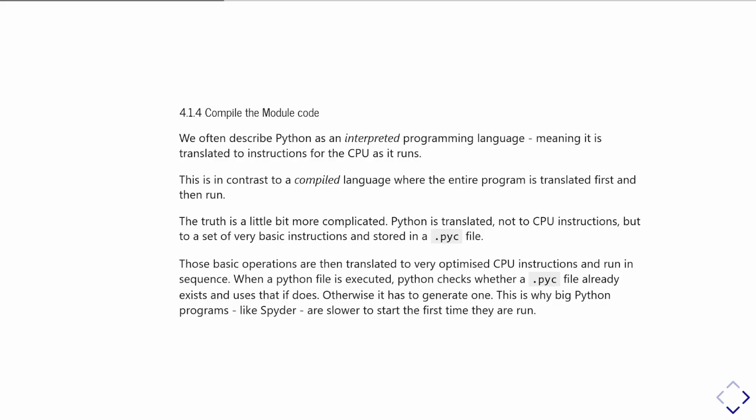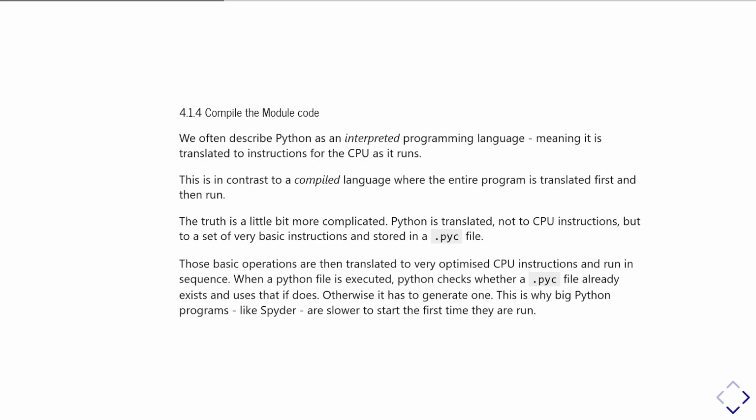Okay, so if Python has located the module file, it's found it in one of the folders. Then the next step is it has to compile the code. Now this gets maybe a little confusing because we often describe Python as what's called an interpreted programming language, meaning that it's translated into instructions for the CPU as it goes through running the code.